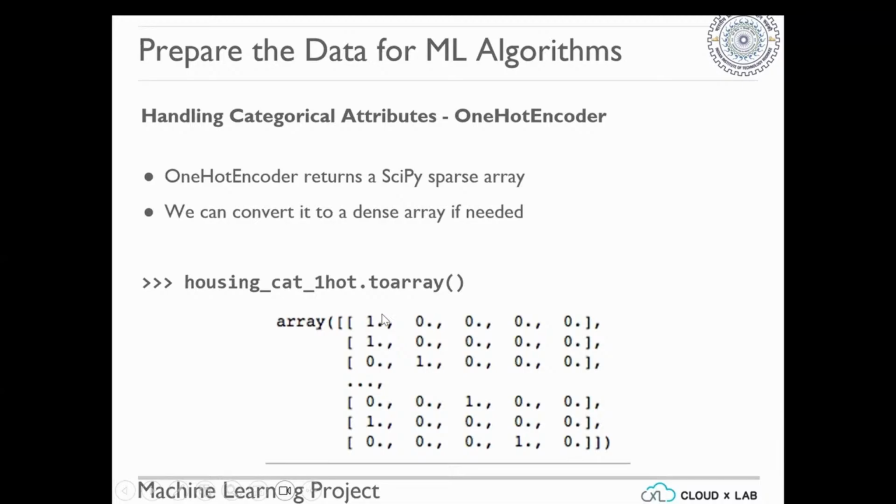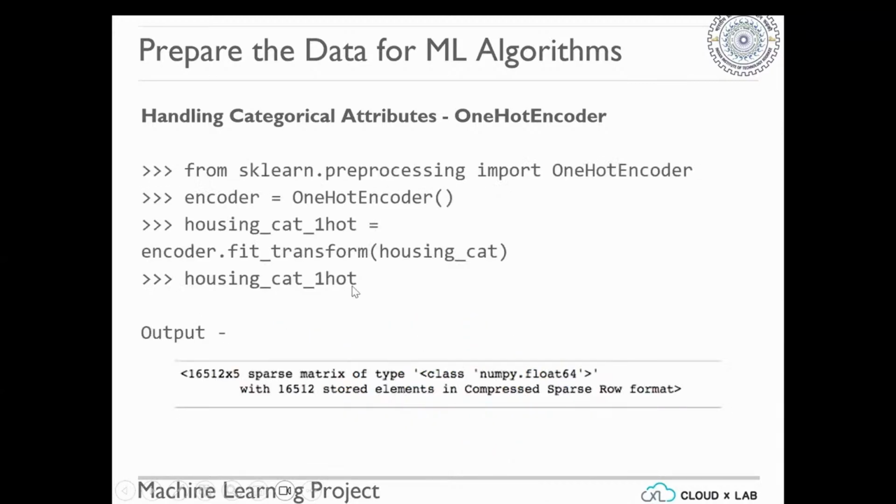For example, if the first category is present, for the first input it will simply store that position, the first position. And for the third input, if we have one in the second position, it will store the second position. Likewise it stores in sparse matrix form.